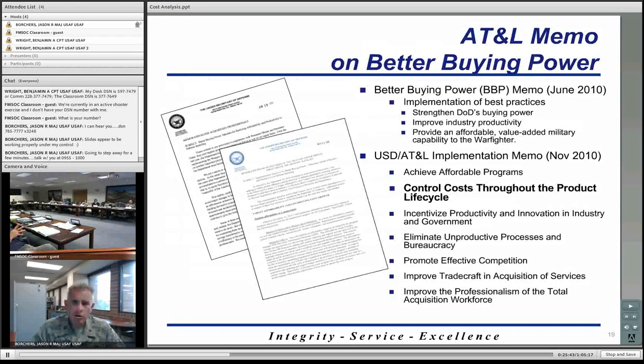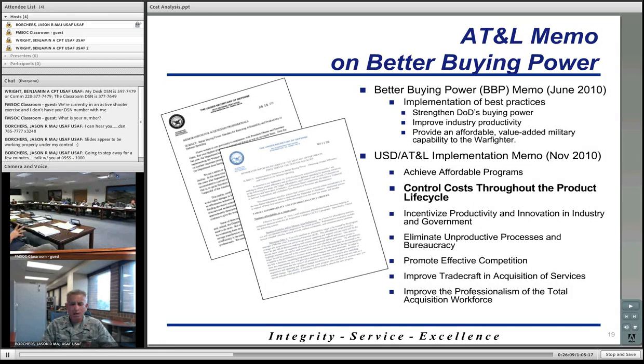So where does should cost come from? Well, as I mentioned, back in 2010, it started with these things called better buying power initiatives. You may be familiar with them. If not, you're probably going to hear about them more and more as you get into your program offices. Essentially, it started in 2010, and it has tended to evolve since then.